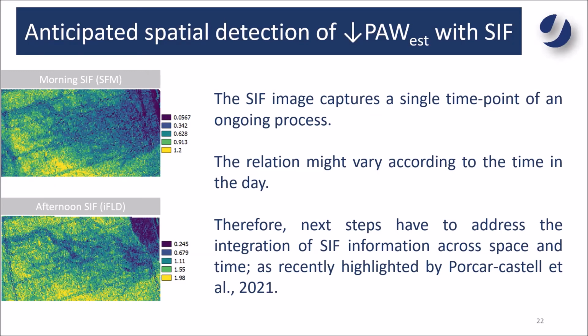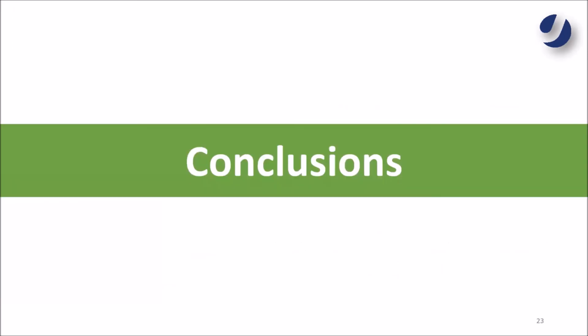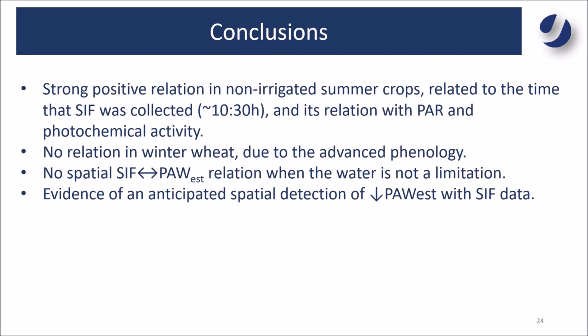And now let me go briefly through the conclusions. Well, we found a strong positive relation between chlorophyll fluorescence downscaled to the leaf level and the water available for plants in the root zone of the soil.